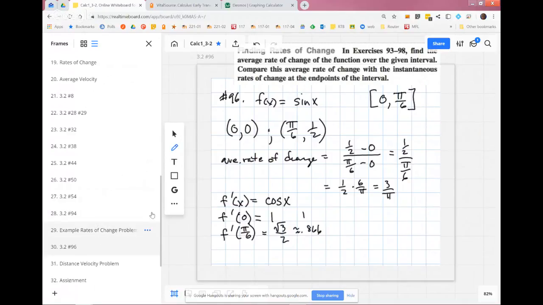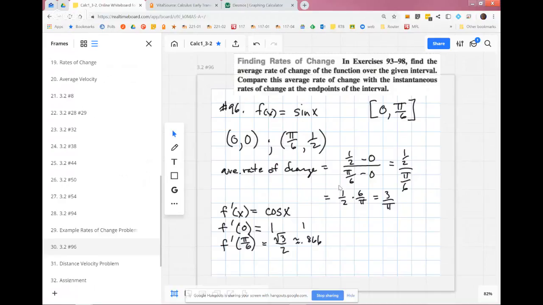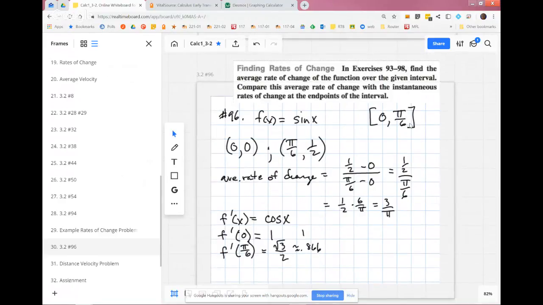So let's do this one too. There's another one with rate of change. The function is sine x. The interval is 0 to pi over 6. At 0, what's the sine of 0? Trig question. 0, right? What's the sine of pi over 6? 30 degrees, 1/2.